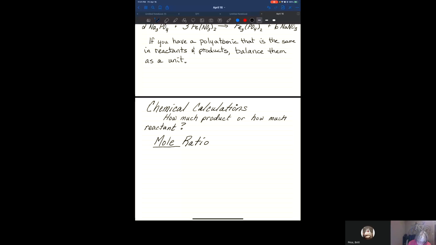So this mole ratio is what we were developing when we balanced these chemical equations.